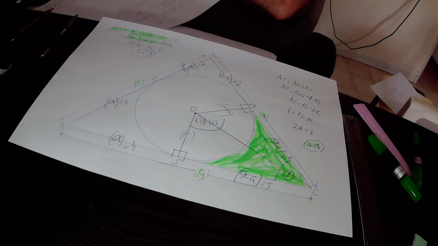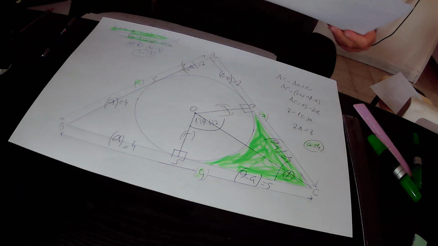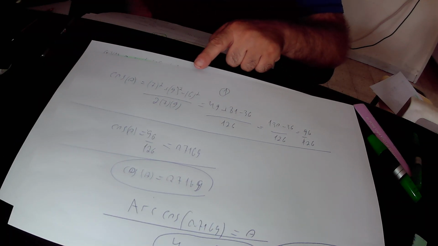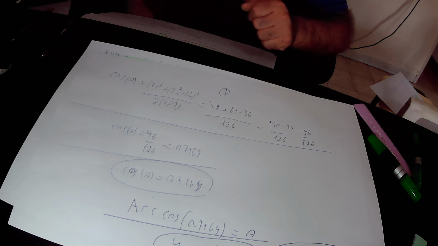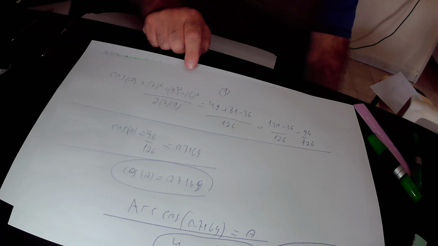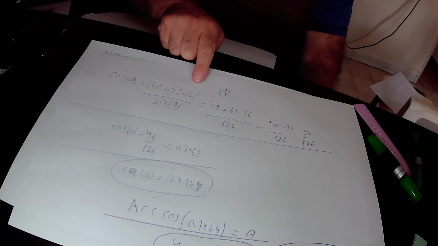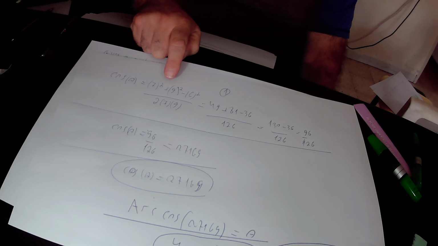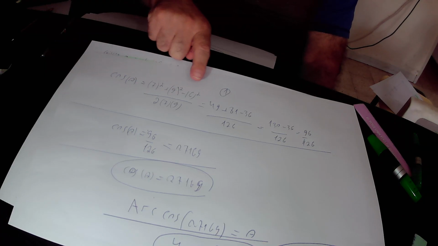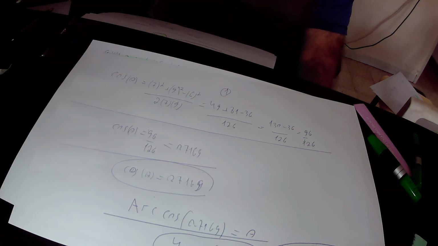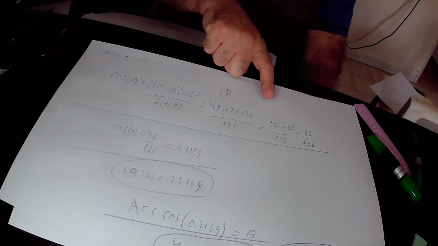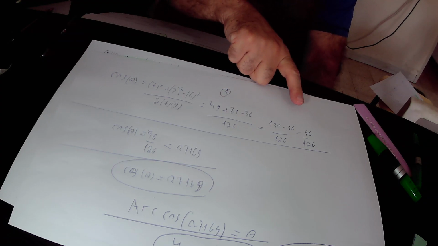And again, according to the law of cosines, cosine theta equals 7 squared plus 9 squared minus 6 squared over 2 times 7 times 9. 7 squared is 49, 9 squared is 81, 6 squared is 36. 7 times 9 is 63, 63 times 2 is 126. 49 plus 81 is 130, 130 minus 36 is 96.